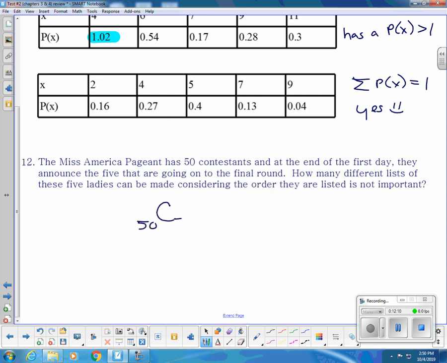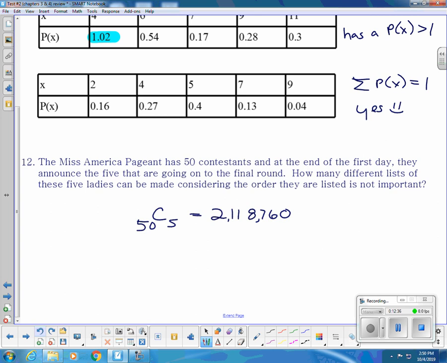I am choosing 5 of them. And that's how many ways they can choose 5 ladies from the 50 contestants. That decimal's in the wrong spot.